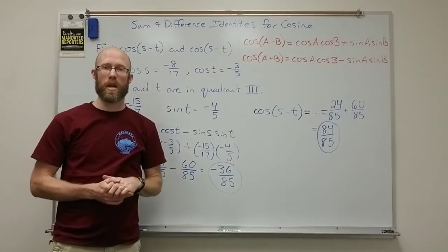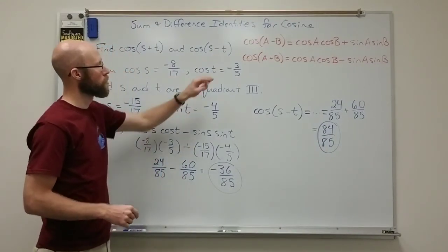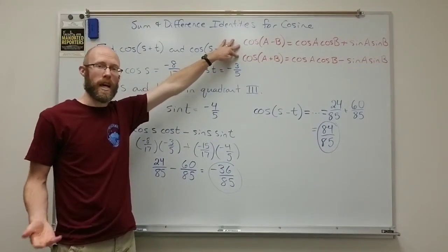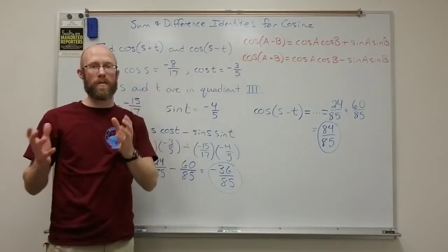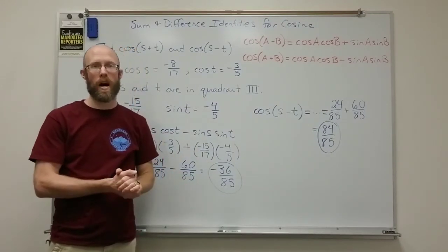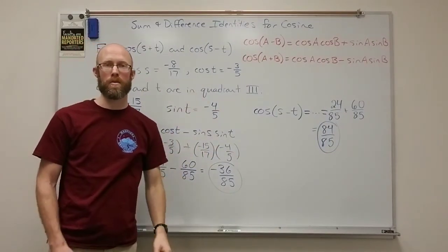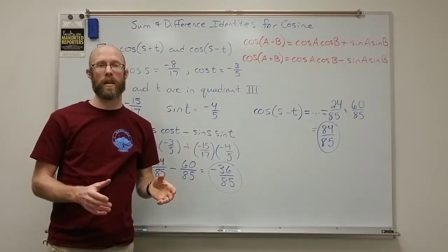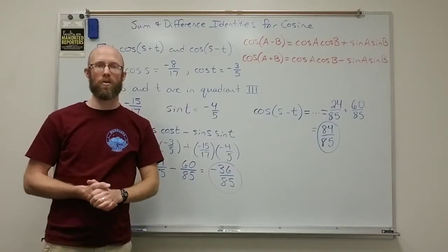In the next couple sections then, we're going to look at similar formulas for the sine and the tangent, and we'll get into their application. So we'll have sine of a plus b, sine of a minus b, tangent of a plus b, tangent of a minus b, and we'll look at how they apply to similar types of problems. All right, we're evaluating trig function values at some unknown angles.